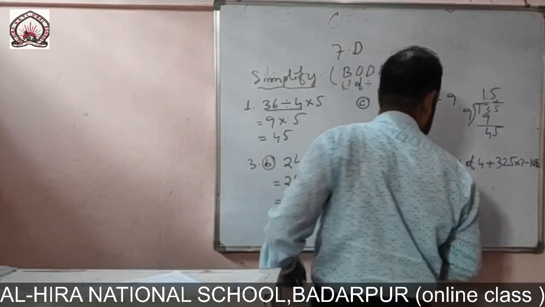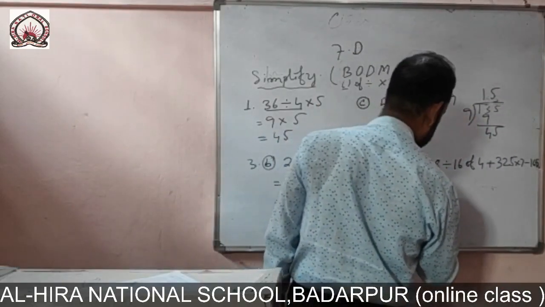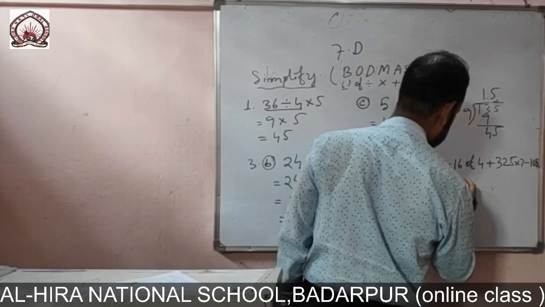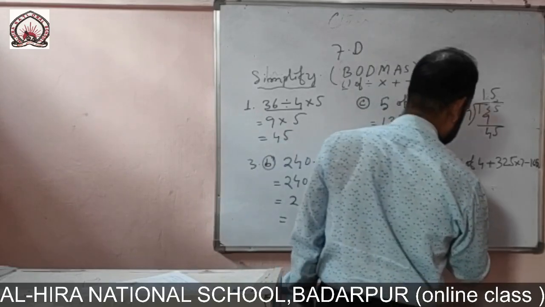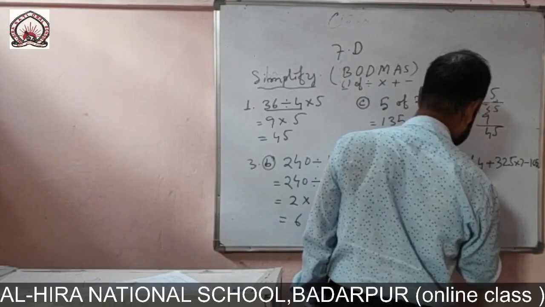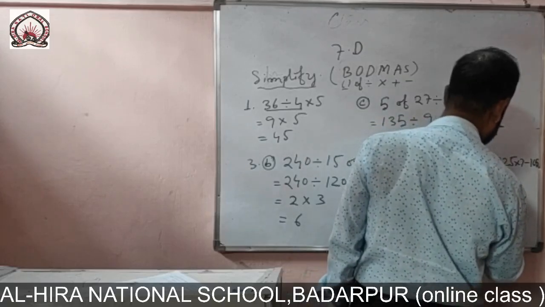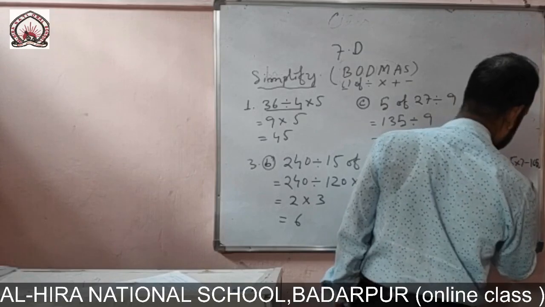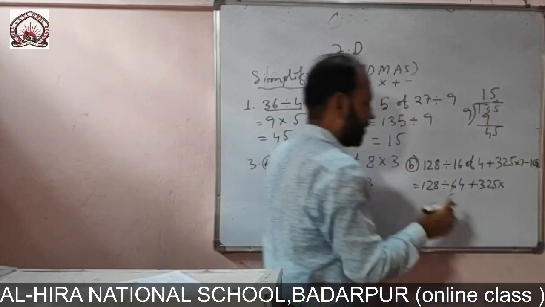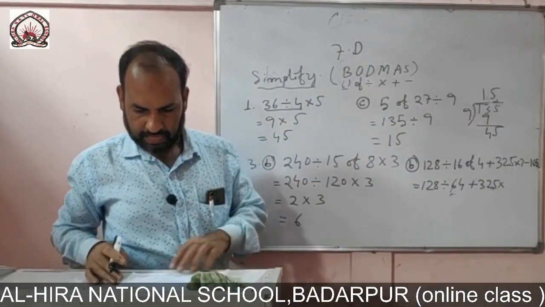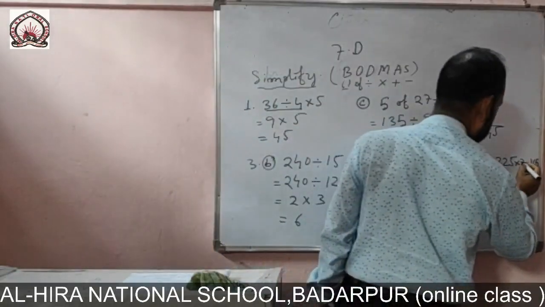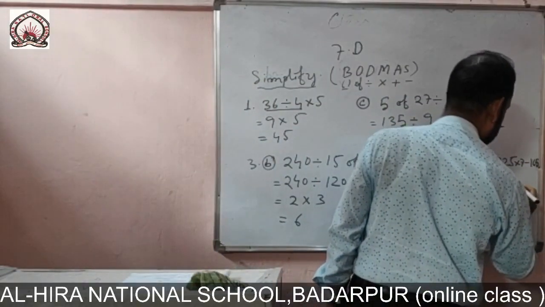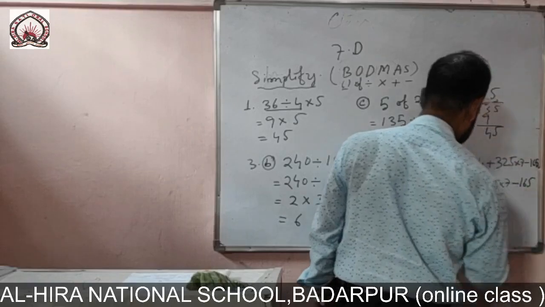So first we do of: 16 4s are 64, plus 325 into 7 minus 165.